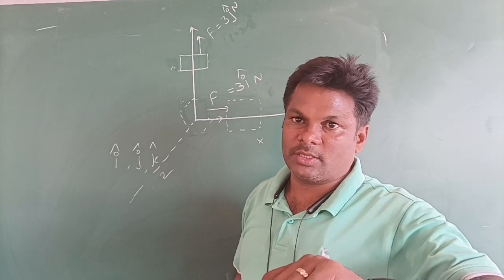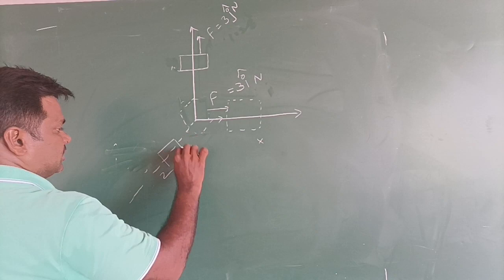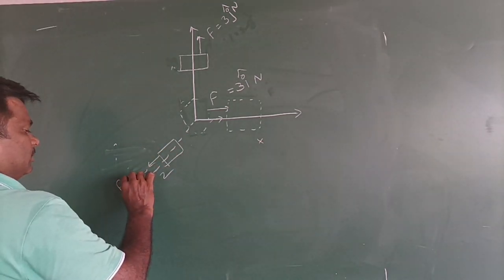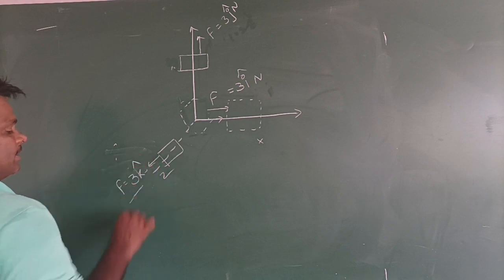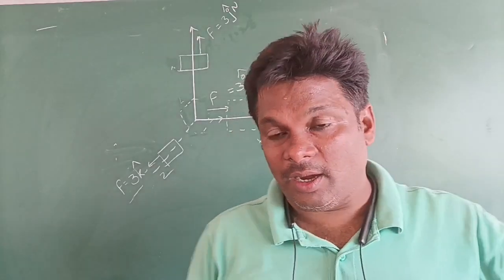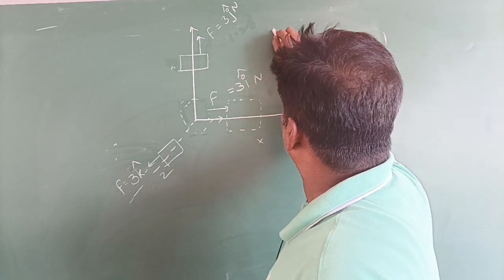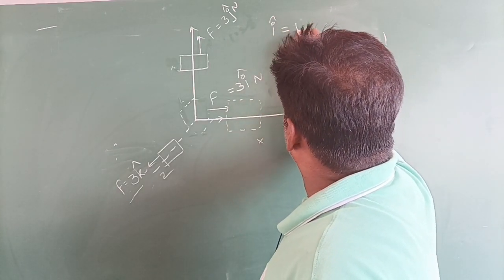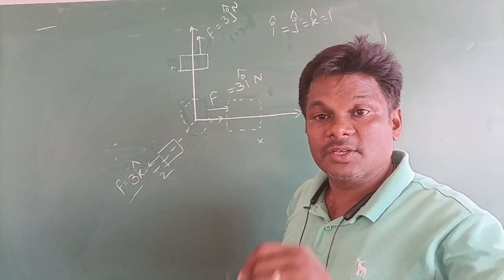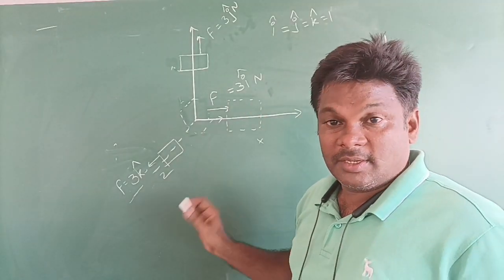Suppose the same block is pulled along the z-axis with the same force, F is equal to 3 k cap. Here, i cap, j cap, and k cap are the three unit vectors along the respective axes x, y, z. And the magnitude of i cap, j cap and k cap is equal to 1 always. It is a unit. This is how we note it here.